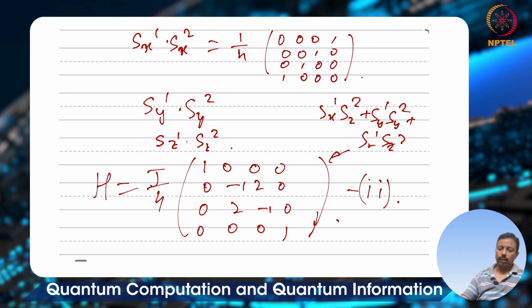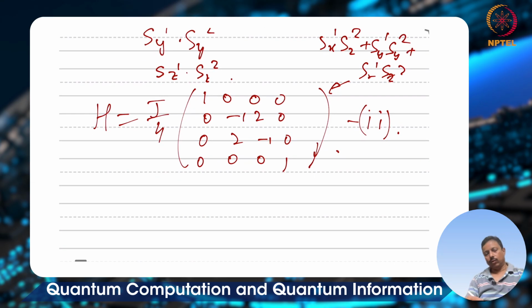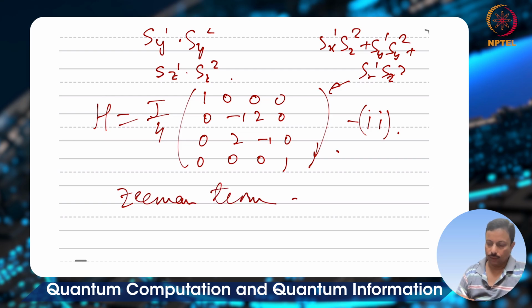Now, in general, in a Heisenberg Hamiltonian, we also have a Zeeman term. The Zeeman term is simply a sum over i of Szi, so for our two spin case there's a B term.